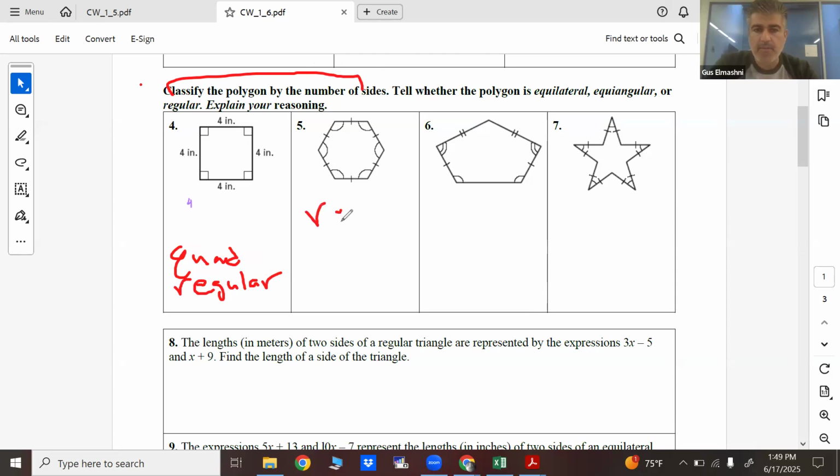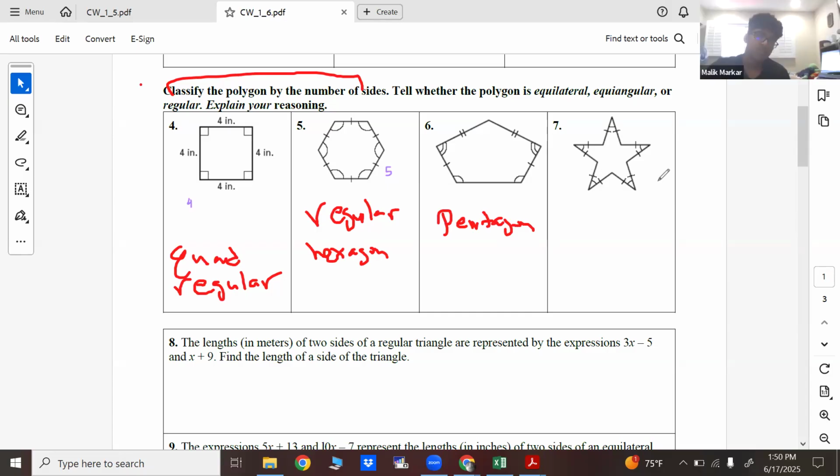This is also regular, and it's a hexagon. That is a pentagon. It's not equiangular or equilateral. Here, it's not a polygon because if you take these 2 points, it's convex.